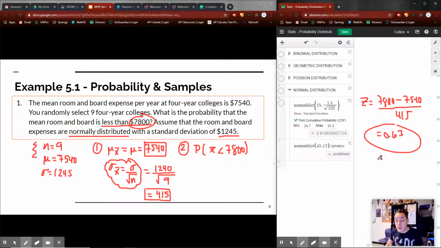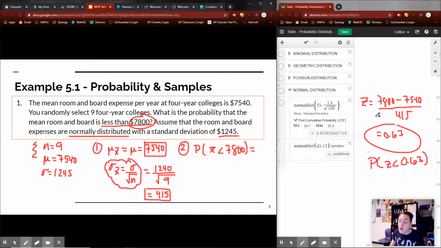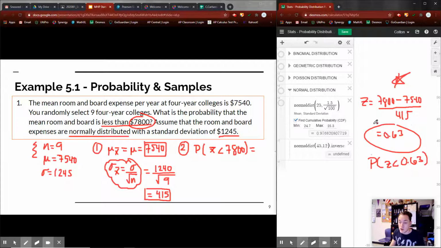But I'm not going to use that. I could say the probability of z is less than 0.63 instead of the probability of my sample mean being less than 7,800, but I'm going to stick with this. The z-score is kind of a bonus. It's not asking for it, so I don't want to find it.